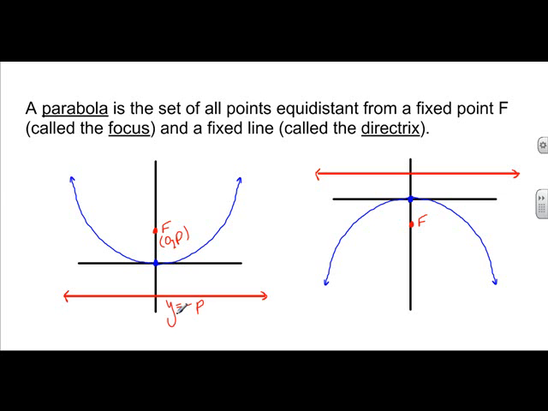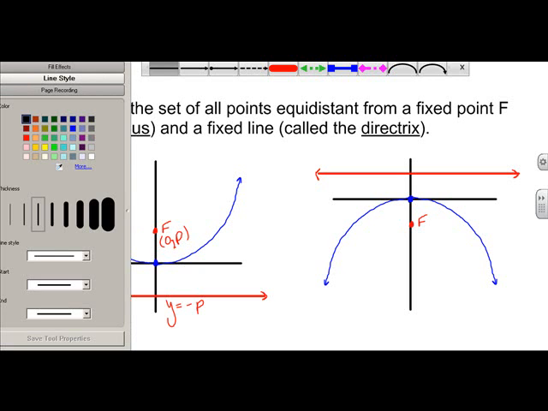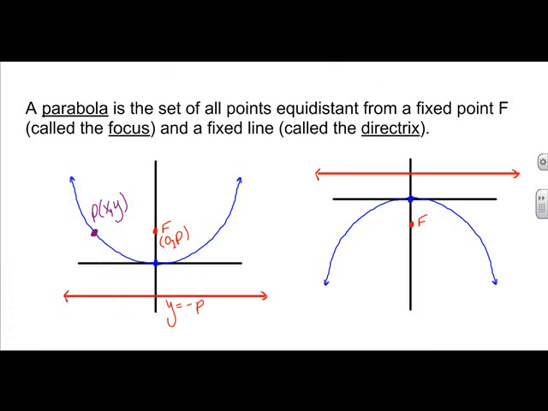Now, if we pick some point on our parabola and call it point P and give it coordinates x, y, then we measure the distance from P to F and the perpendicular distance from P down to the directrix.